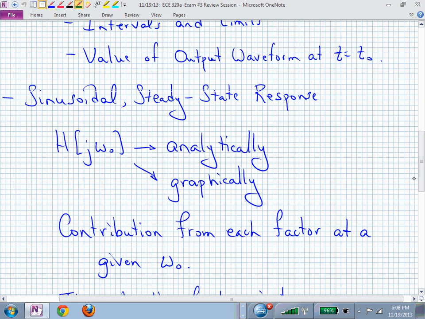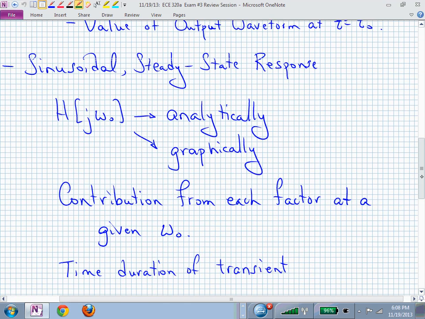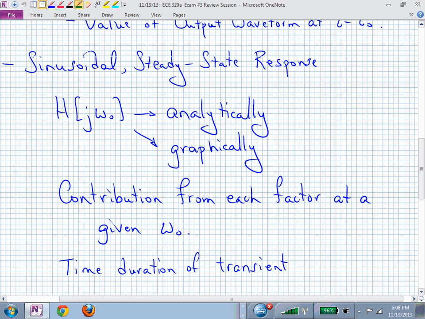And with respect to sinusoidal steady state response, you're now looking at h of s and walking up the imaginary axis, or replacing s in this transfer function with j omega, or a specific frequency omega naught. And you should be able to calculate that either numerically, or analytically, or graphically.